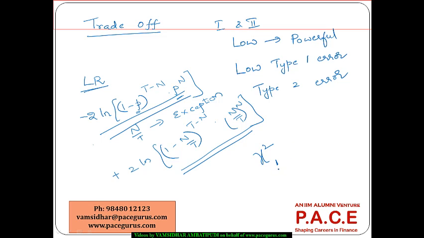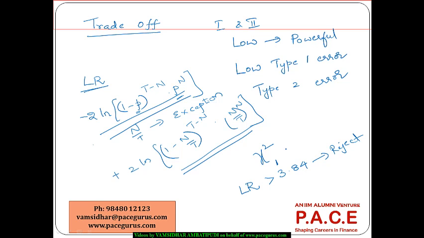So when I look at my tables, it's simple: if the likelihood ratio is greater than 3.84, I reject the null hypothesis. Otherwise, I fail to reject the null hypothesis.